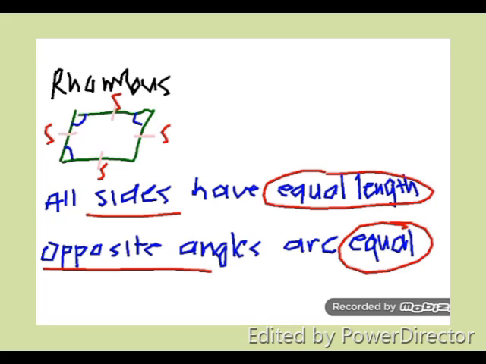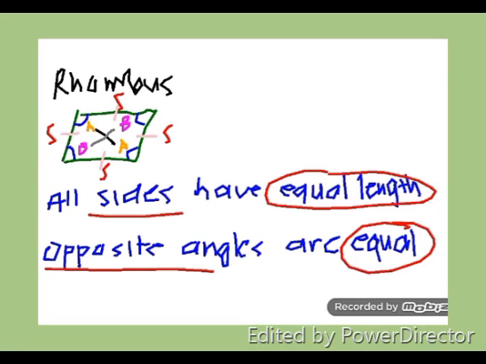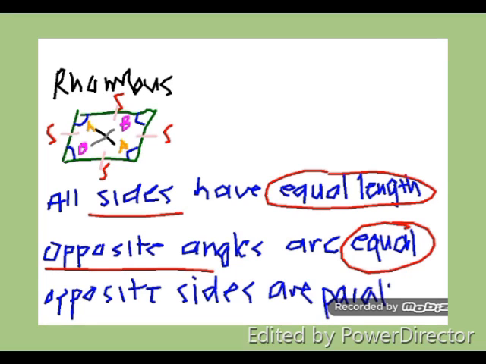All sides have equal length. Opposite angles are equal. The opposite angles are angle A and angle B. Opposite sides are parallel.